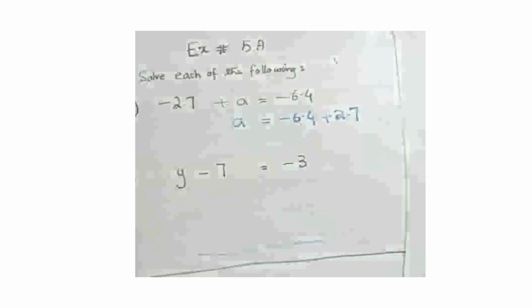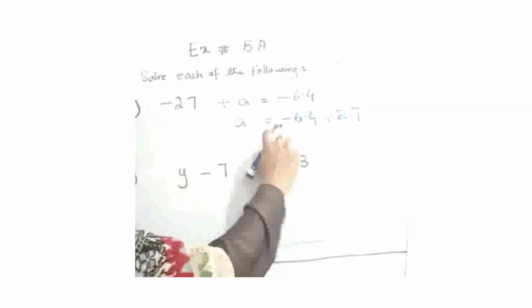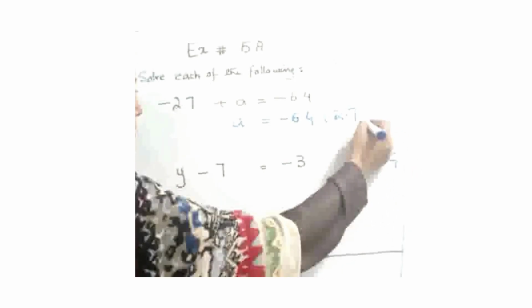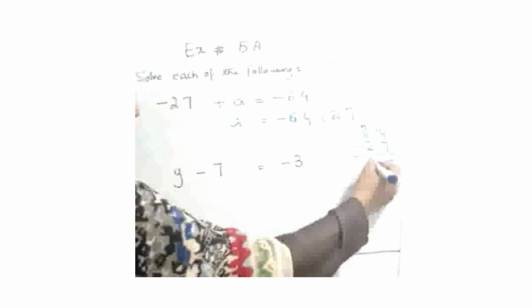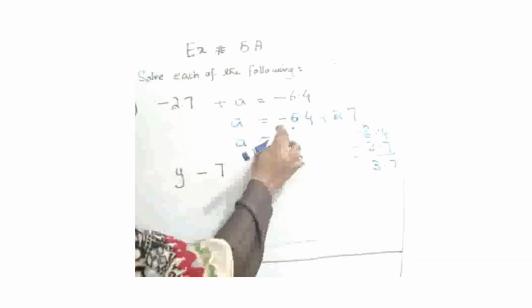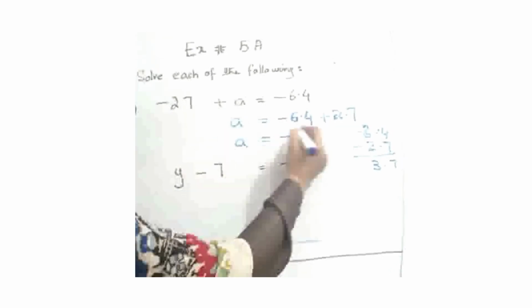Now you can see that they have opposite signs, so they have to be subtracted. Subtract them. 14 minus 7 is 7. 5 minus 2 is 3. So 3.7. But the answer will have the sign of the greater number. Here the greater number is 6.4 and it has a minus sign. So it will be minus 3.7.